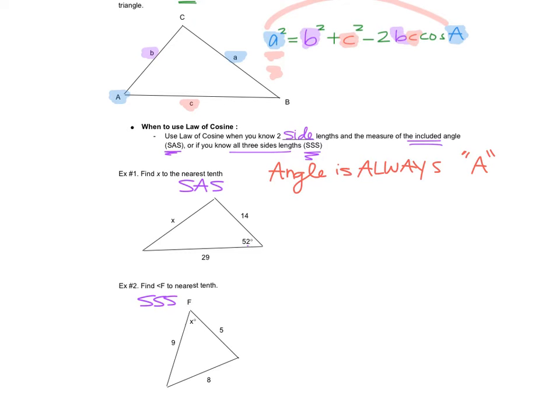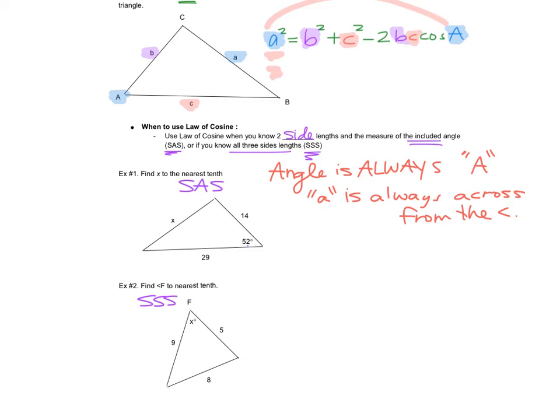Okay, so lowercase a is always across from the angle. Okay, B and C are interchangeable. It does not matter which one is B and which one is C. You can do B and C here, or you can do B and C here, as long as it's the two that are not across from the angle.